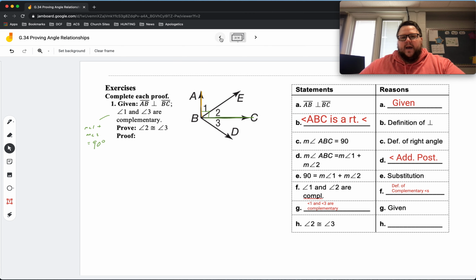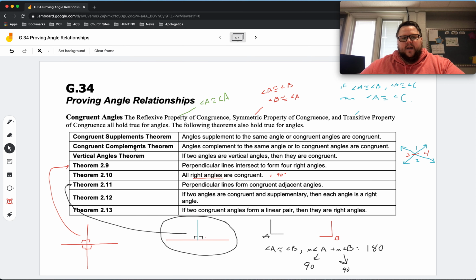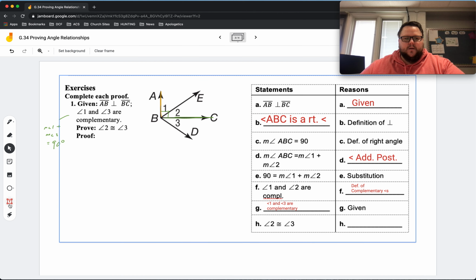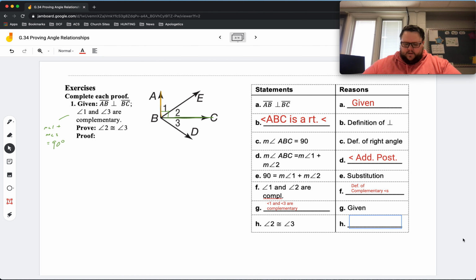And we're going to go back to this whole thing right here. Angles complementary to the same angle or to congruent angles are congruent. So that's going to be our statement, and we're going to abbreviate as much as we can.